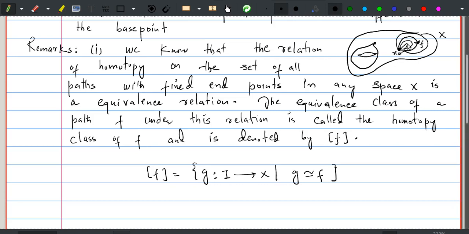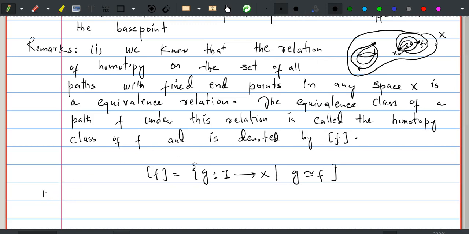Of course, there are infinitely many. Similarly, the homotopy class of this path, suppose this is path g, consists of these loops around this hole.